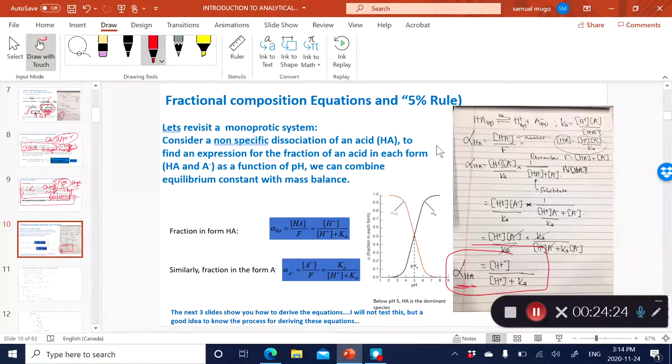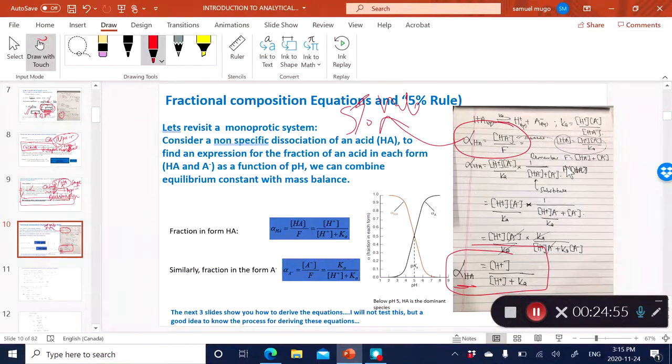I've already said the fractional composition really refers to the concentration of HA in its neutral form divided by the formal concentration, before any dissociation happened. We know the formal concentration is equal to the combination of HA and the A minus, right? So the total concentration of HA and the A minus.